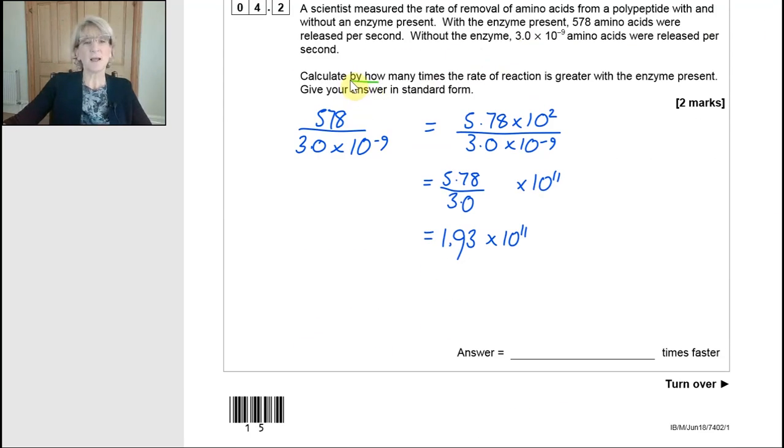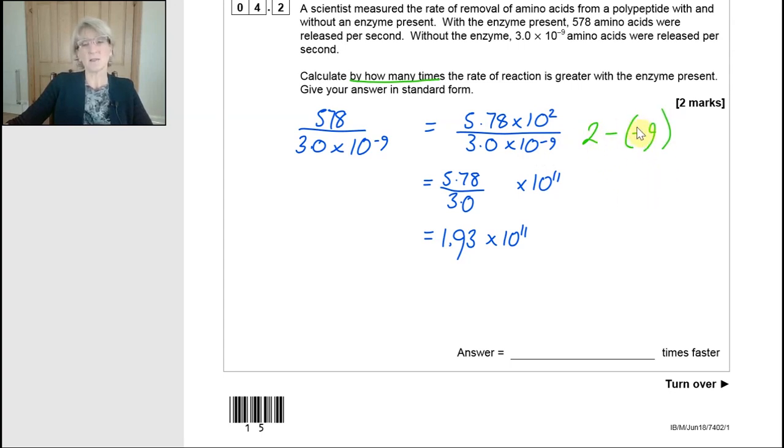Calculate by how many times. You are literally seeing how much this tiny number goes into 578. So rightly or wrongly, I transformed them into standard form. And if you are dividing two numbers in standard form, you take away this number from this number. So it is 2 minus 9.